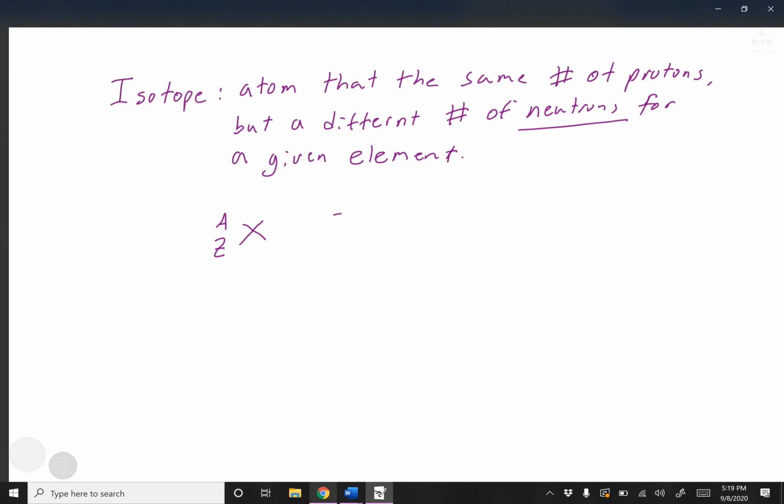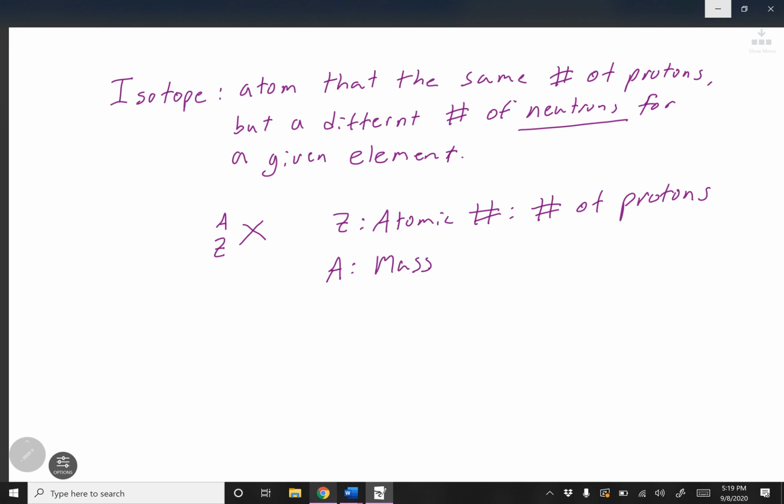Okay, so Z, this will be our atomic number, and this tells us the number of protons. Okay, A, this will be our mass number, and this tells me the number of protons plus the number of neutrons. Okay, so it's just the protons plus the neutrons.